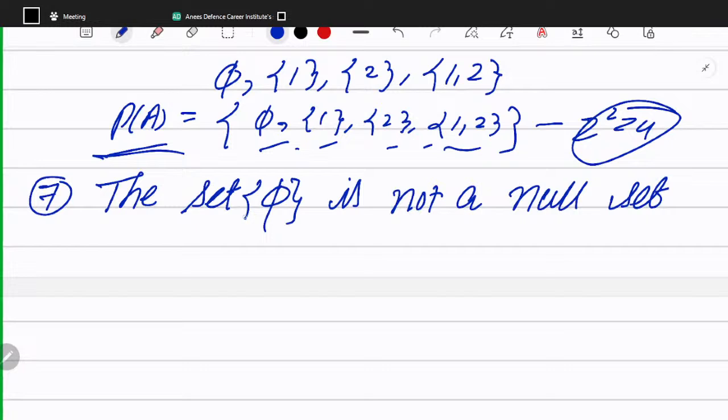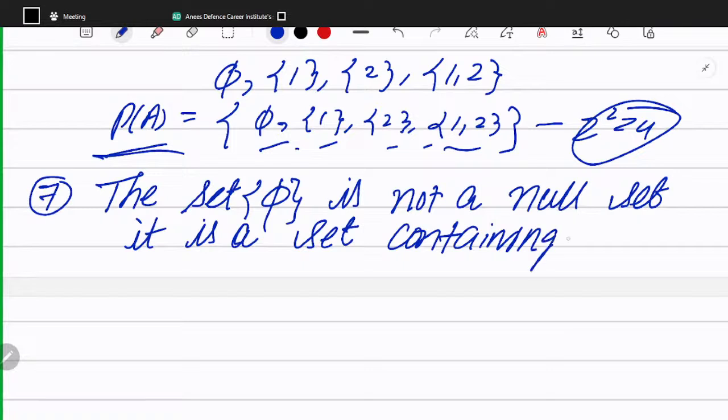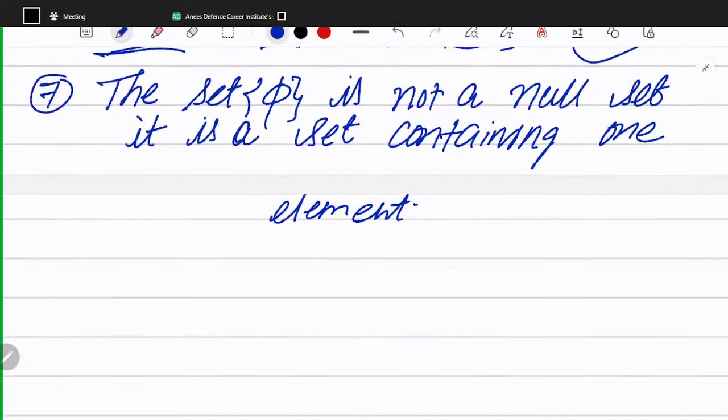It is a set containing one element. Got it? These are some important points related to set theory.